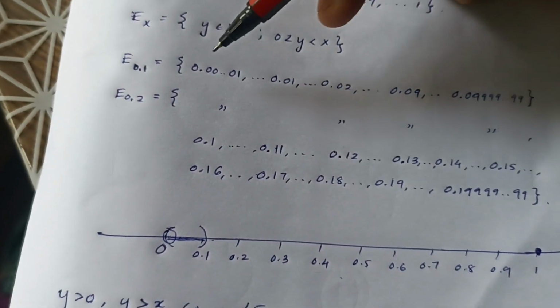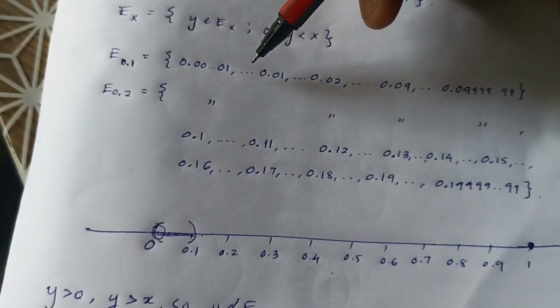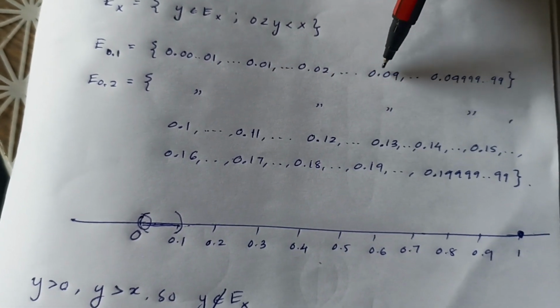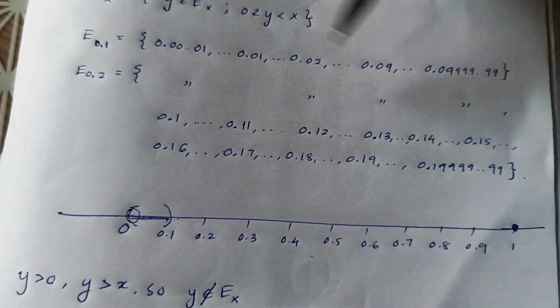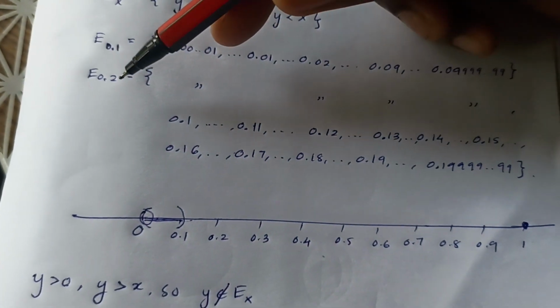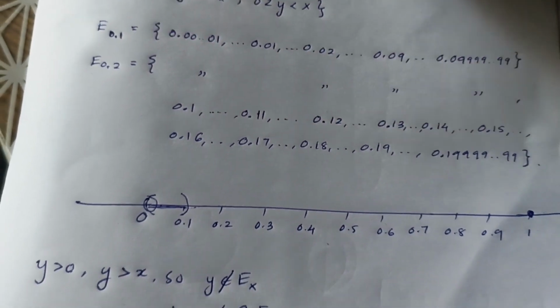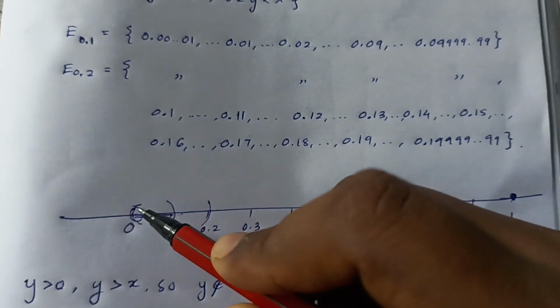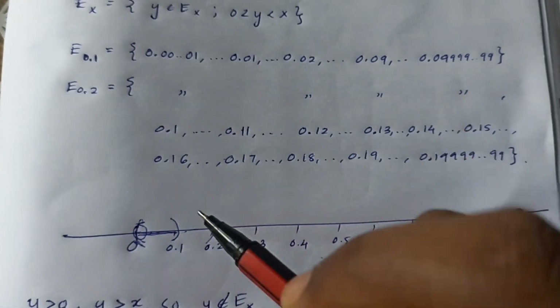So it can be 0.00001, 0.001, 0.02, 0.09, etc. Okay, all the elements inside them. And what is E of 0.2? E of 0.2 means all the elements lying in between these 2 points, 0 and 0.2.